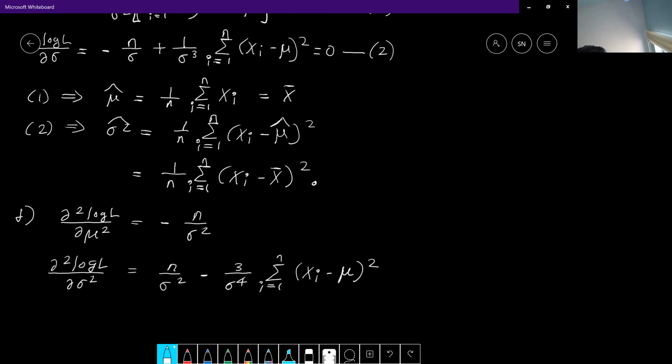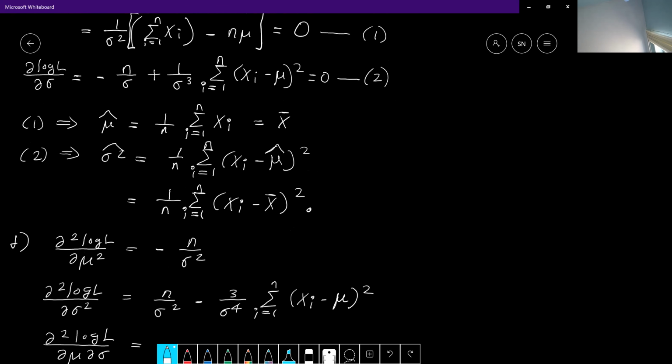Now the mixed derivative. Remember, the mixed derivative is with respect to mu and sigma, right? So it's going to be minus 2 over sigma cubed.